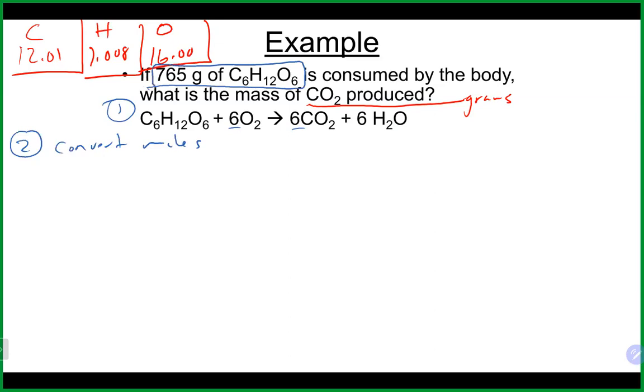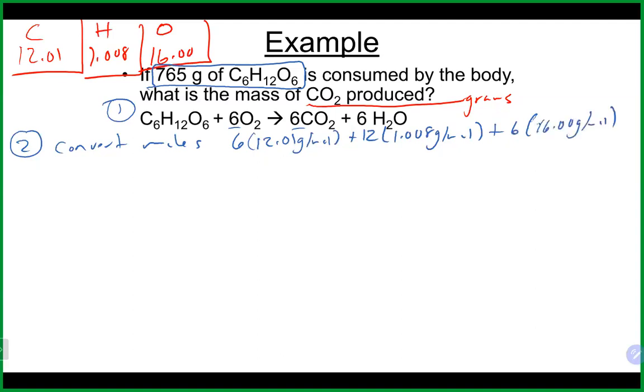It's in units of grams. So obviously, to go from grams to moles, we have to go to the periodic table. You do a little addition of everybody that's involved. There are 6 carbons, each at 12.01. There are 12 hydrogens, each at 1.008. And there are 6 oxygens, oxygen 16 grams per mole.